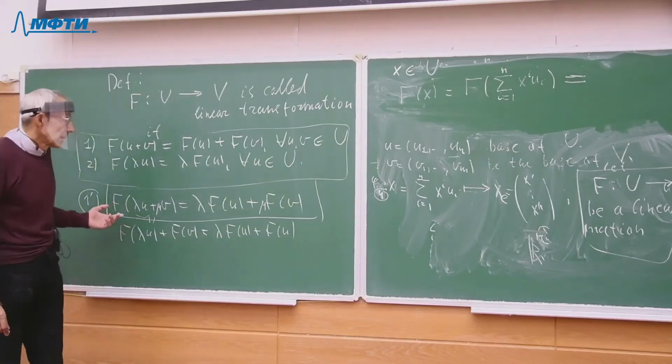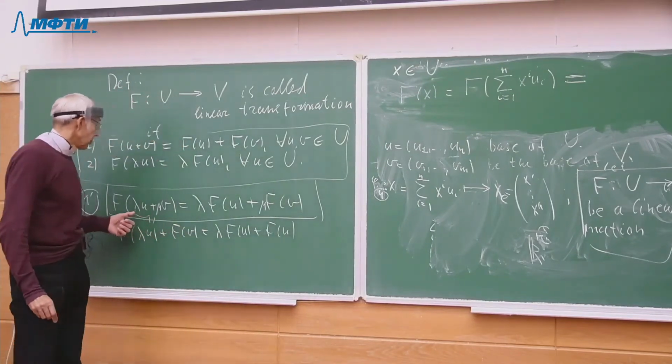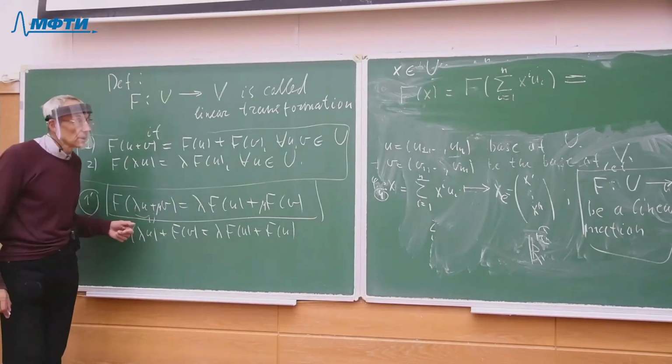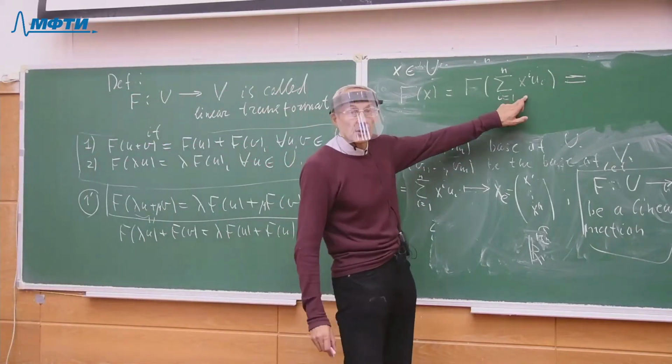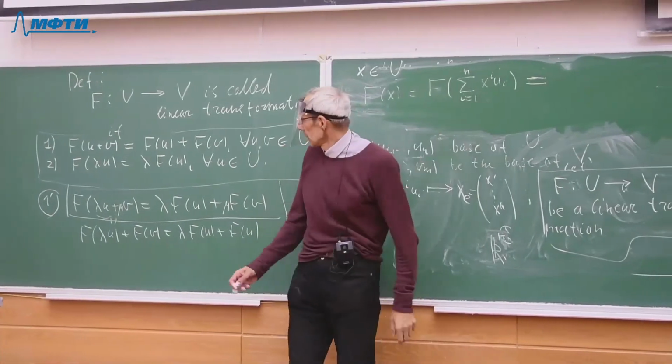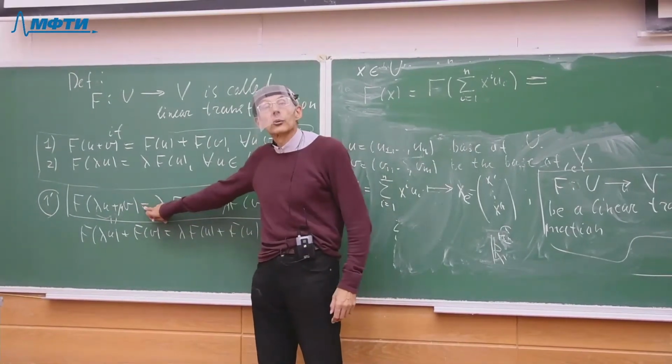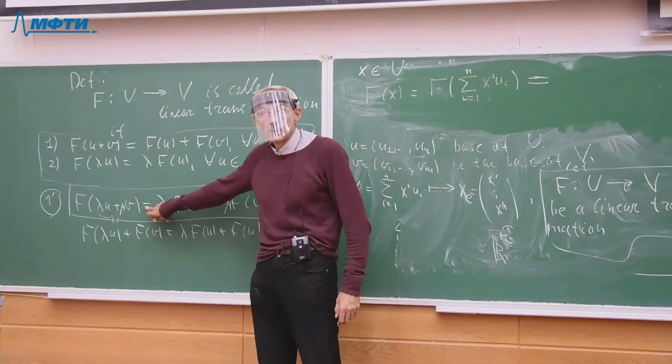After that, if I have more than 2 summands, in this case I have n summands, I can apply this formula step by step. Do you understand?